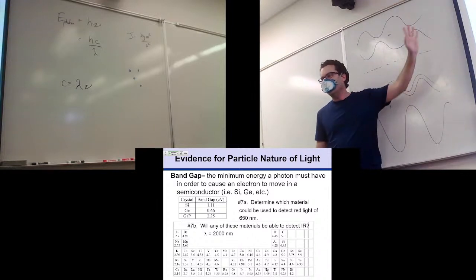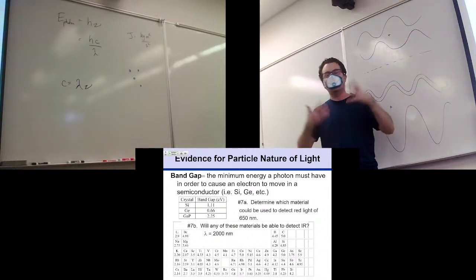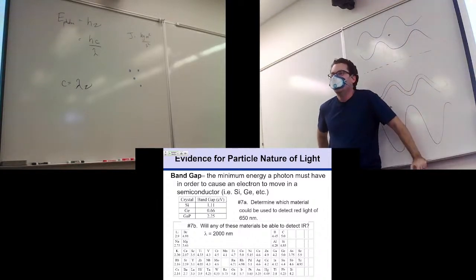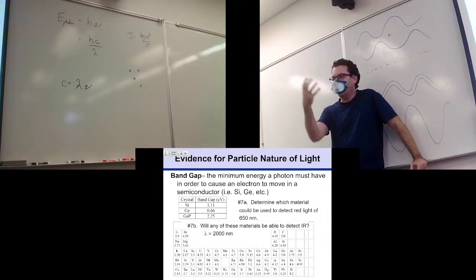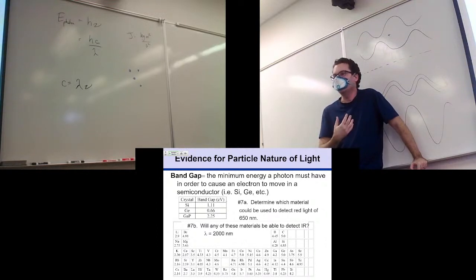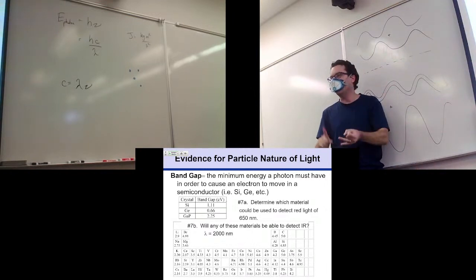Now, how would you use this? What kind of advantage could you have? Well, you guys use this in your cell phones all the time. You've got a camera, and the camera sensor has to react to light. It's got to be able to say, oh, I got a signal when a certain kind of light hits it, whether it's visible light or infrared light.